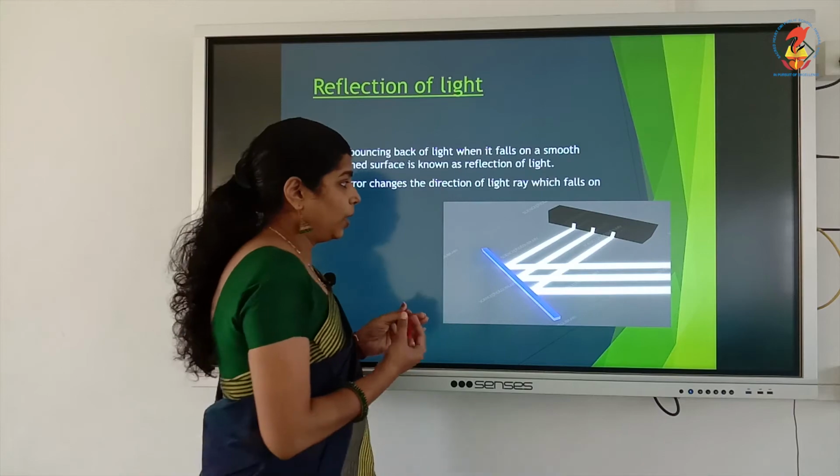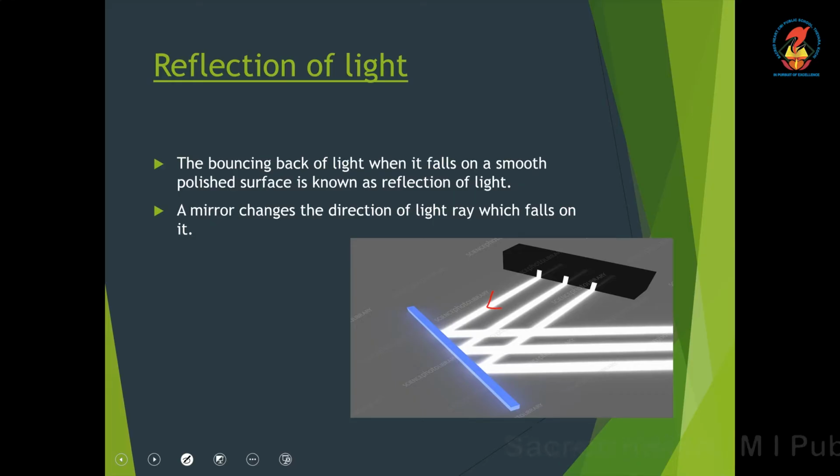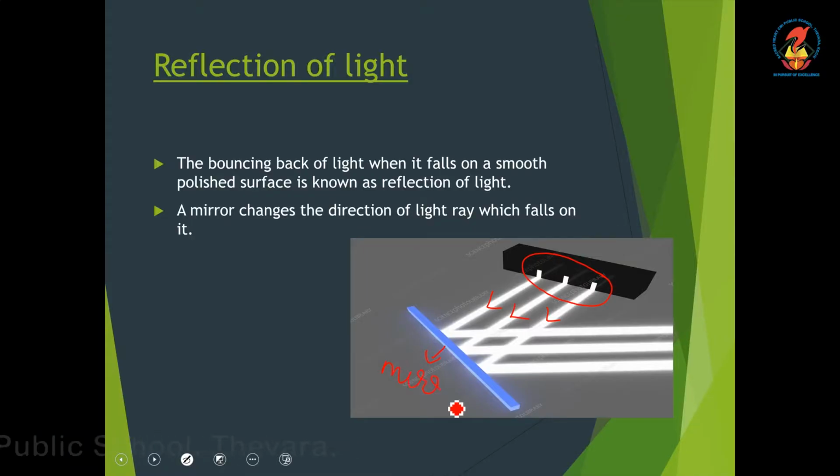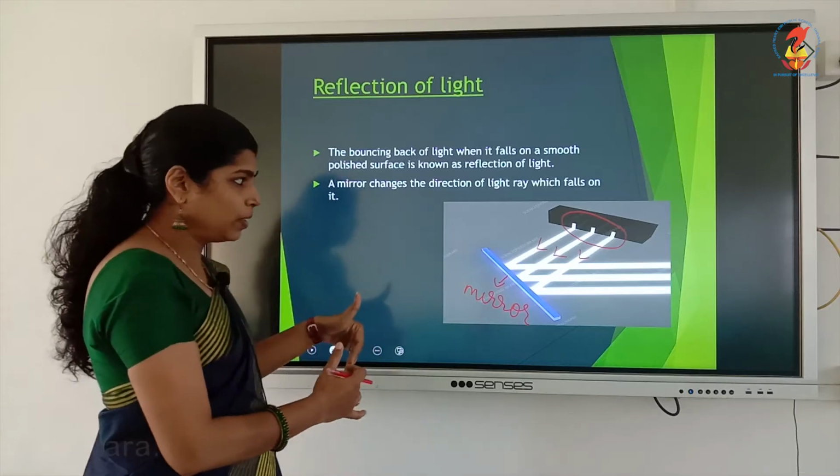Suppose this is the direction of the incident ray. That ray comes from this luminous object. From the luminous object, the light will fall on this mirror. So, what will happen when light is incident on this mirror?